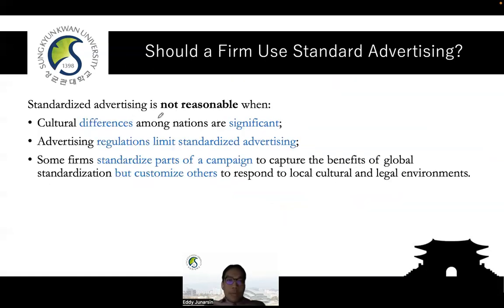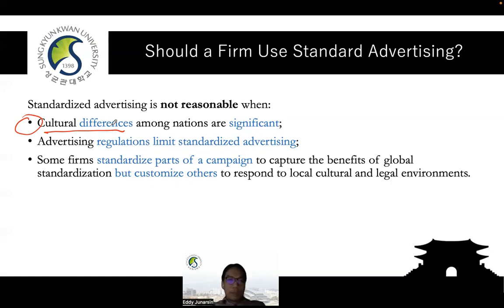But it would be unreasonable if certain factors play a big part, like when cultural differences are apparent. So of course it's quite risky to use standardized advertising if we know that cultural differences are so apparent and so influential in certain countries or in a certain region.